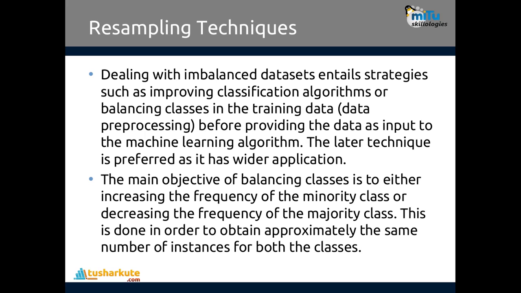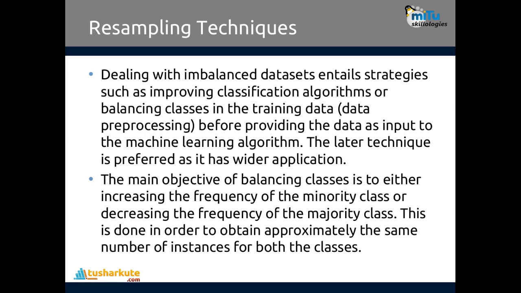Now to overcome that, resampling techniques are introduced. Dealing with imbalanced data sets entails strategies such as improving the classification algorithm or balancing classes in the training data. That's what data pre-processing is done before providing the data as input to the ML algorithm. The latter technique is referred to as having wider application.